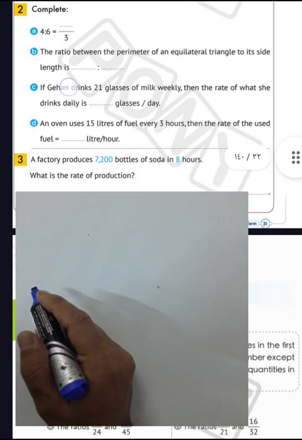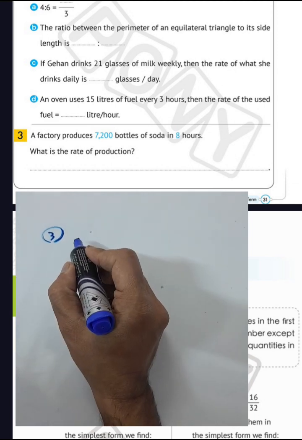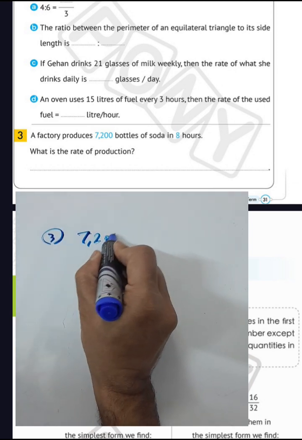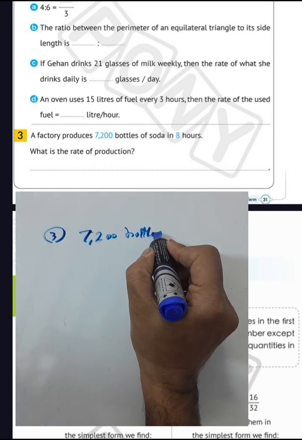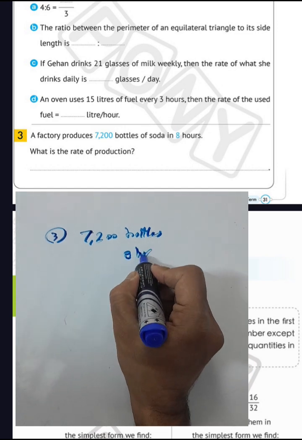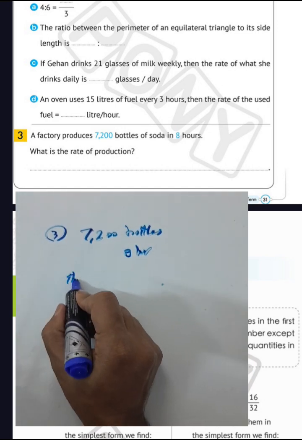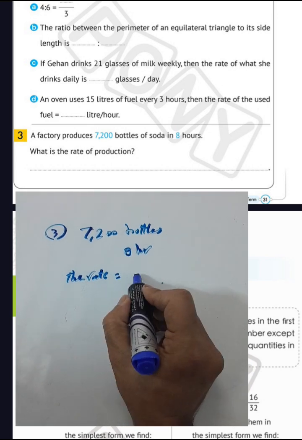Question number 3. A factory produces 7,200 bottles of soda in 8 hours. You want to find the rate. It's easy. We can find the rate of this factory by dividing the total amount.